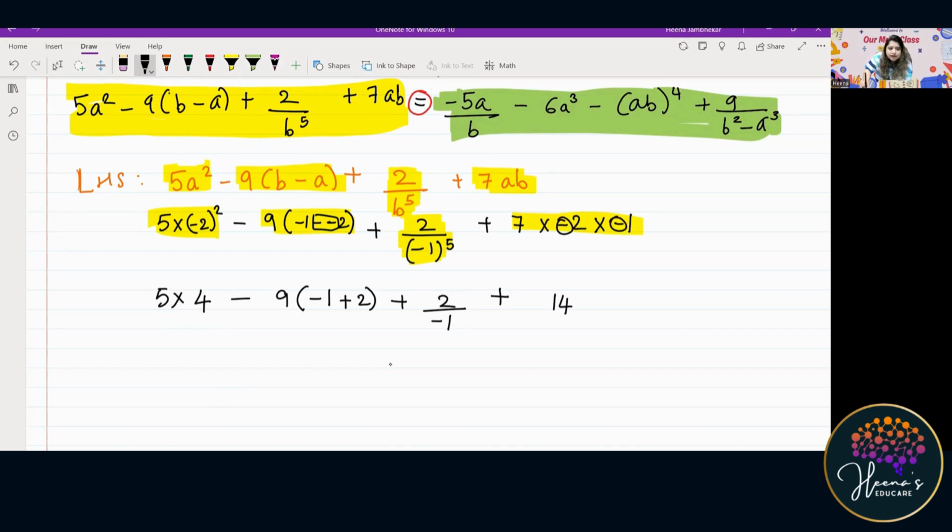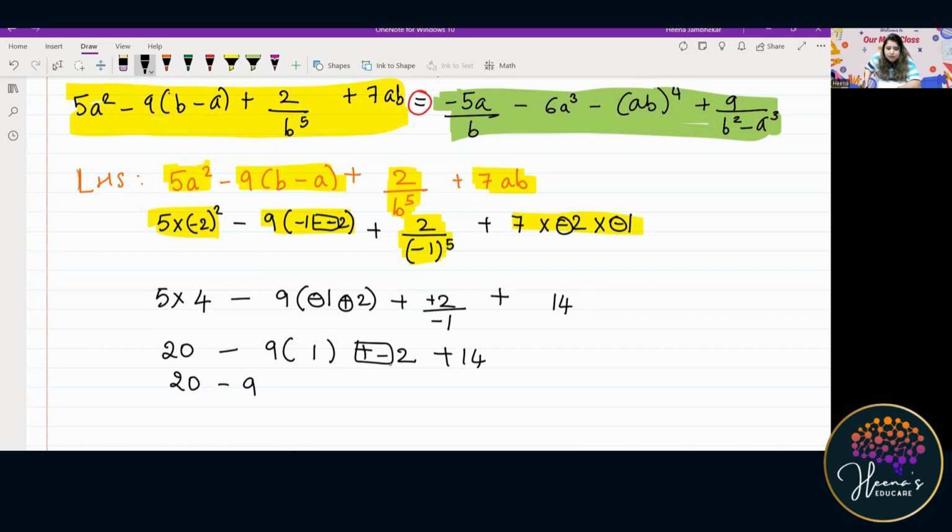Let's move forward. 5 into 4 gives you 20 minus 9 bracket. You have different signs, so you have to subtract. So when I subtract, what do I get? I get a 1, and the sign of the greater number, which is positive, plus 1. Now, 2 divided by 1 gives you 2, and then you have plus and minus, that will give you a minus. Plus 14. Now, 20 minus 9 into 1, 9.